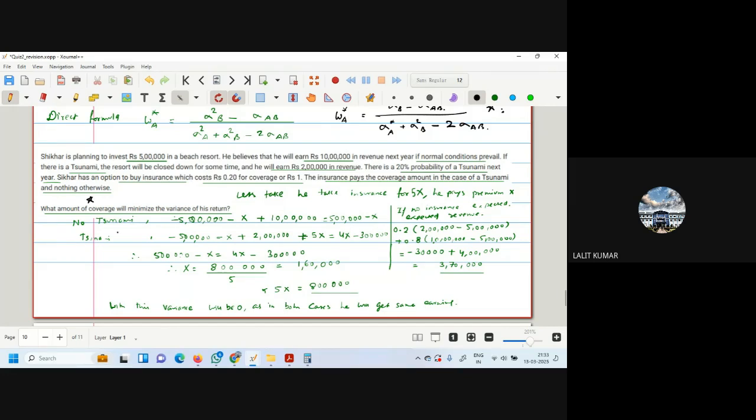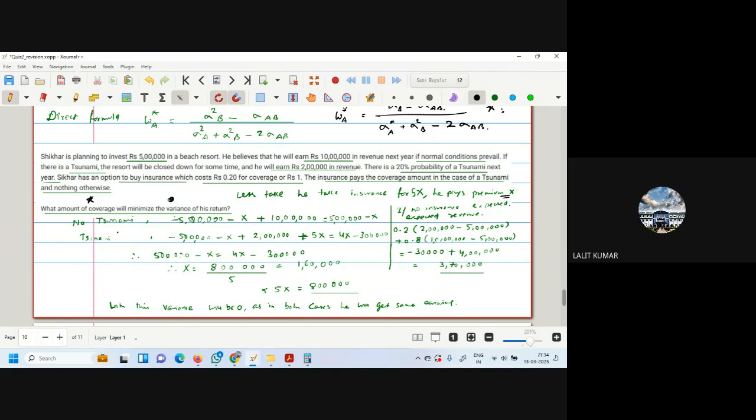So see, this is a different question. They are asking how to minimize the variance. So we say that he takes insurance for 5x, so then he pays the premium x. We take both the scenarios, no tsunami and tsunami.